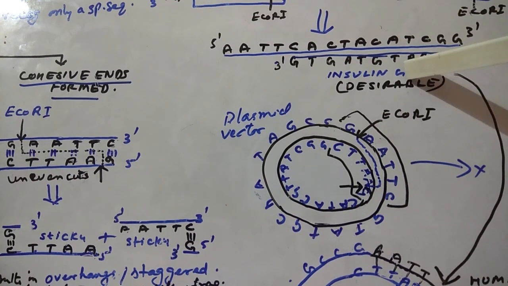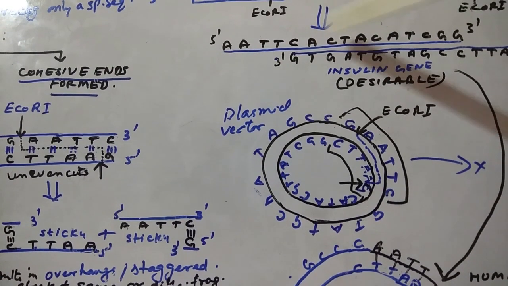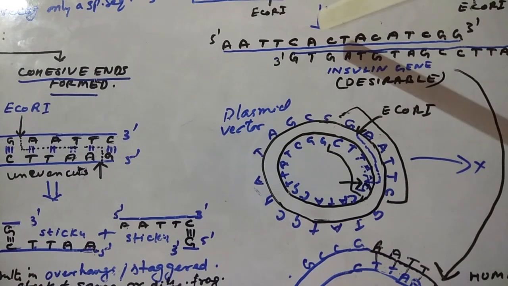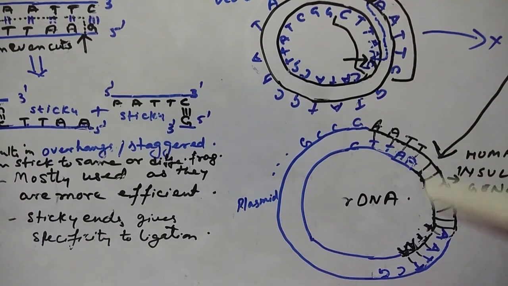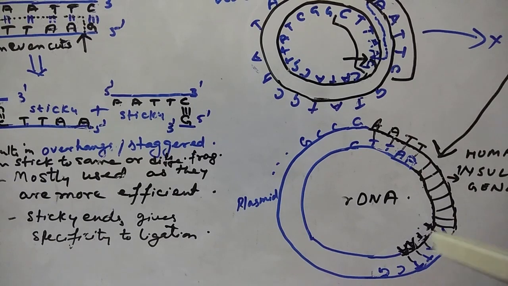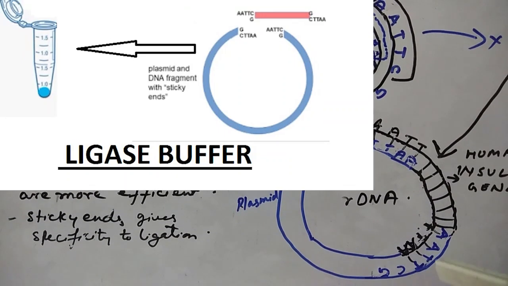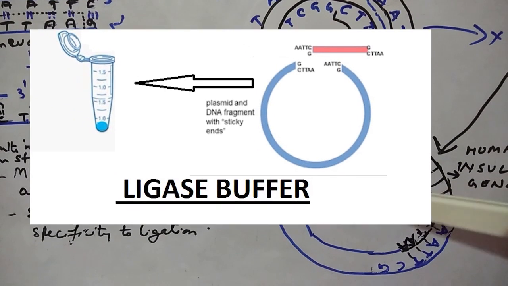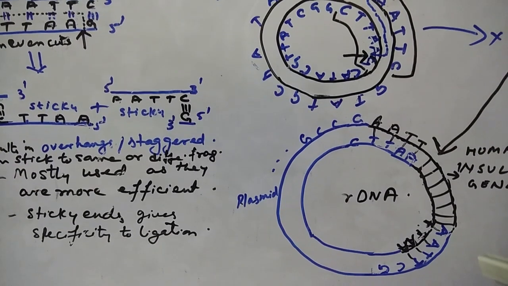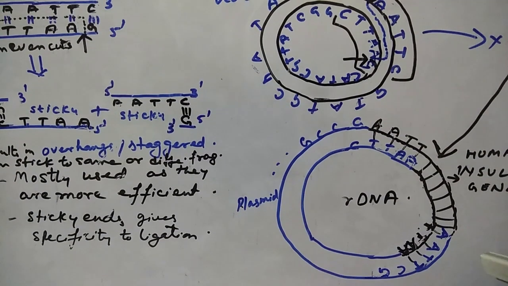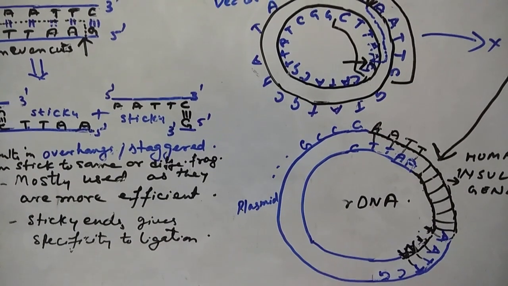So the plasmid is giving space to ligate the ends and to incorporate all the insulin gene in between. I have not written all the bases, but all this in black pen is the insulin gene. So the cohesive ends ligate and the insulin gene is incorporated into the plasmid. This is how an rDNA is formed. I hope how a restriction enzyme is used for recombinant technology is very clear.